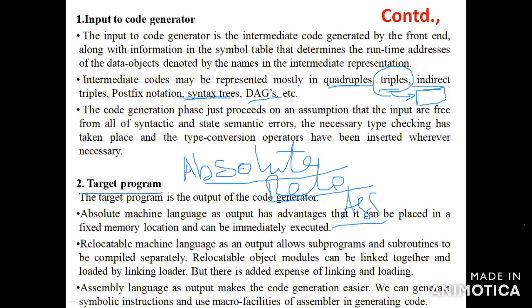Okay, this is the first object code form. The second one is relocatable machine language. Its output allows subprograms and subroutines to be compiled separately. After compiling each subprogram separately, you link all the subprograms together and they are loaded by the linking loader.